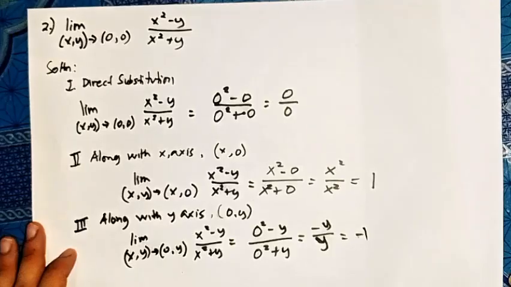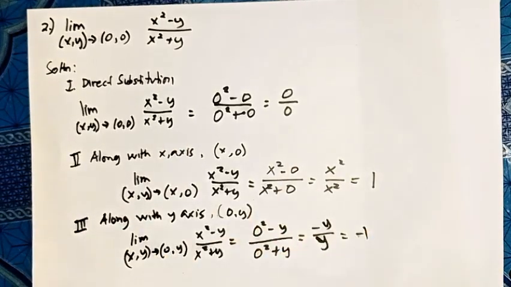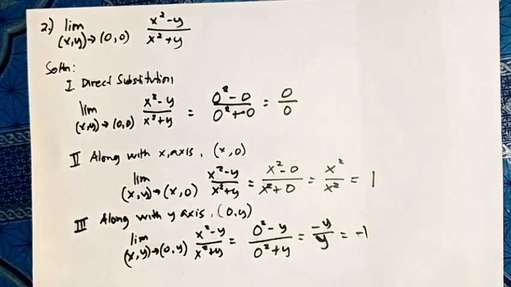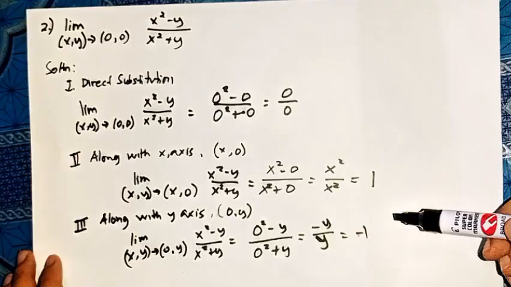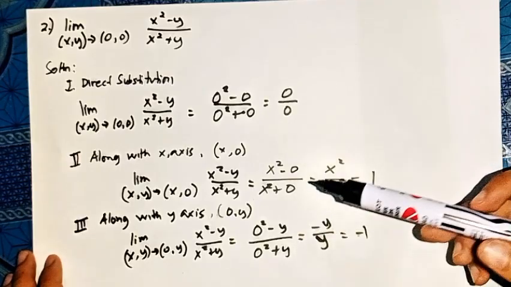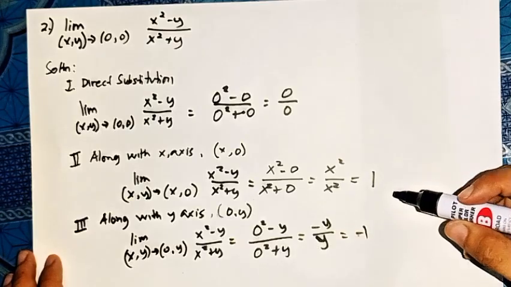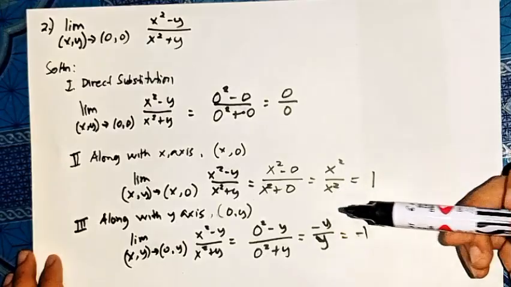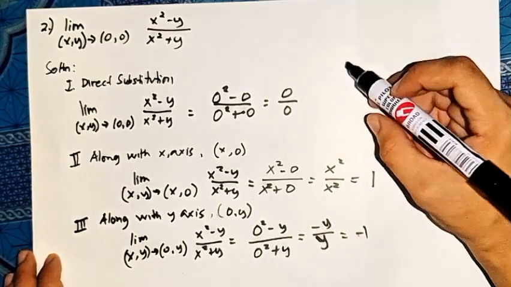So as you can observe, along the x-axis we have positive 1, and along the y-axis we have negative 1. Since it has two different limits along two different lines, the x-axis and y-axis, the given limit does not exist.